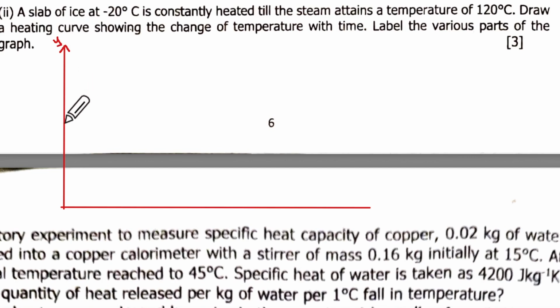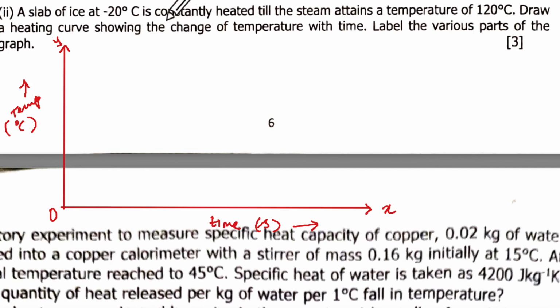Call this the y-axis. Right over there, temperature. Show the arrow here. Right over here, degrees C. And this is time. Let us have it in seconds, not a problem. Show the arrow like this. Show this is the origin and show this is your x-axis.